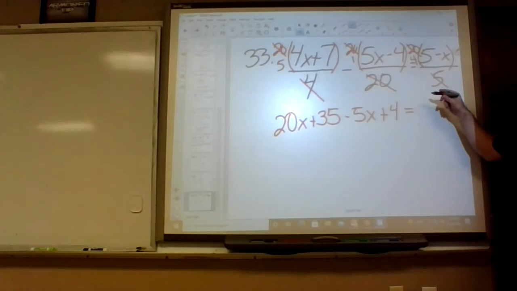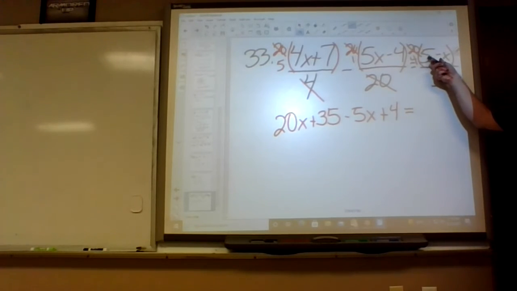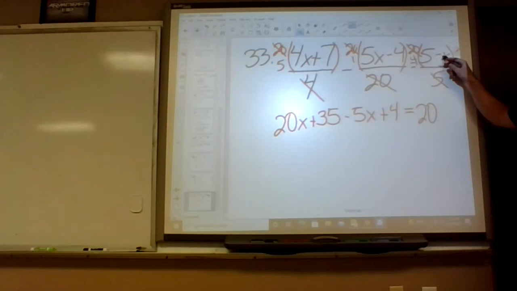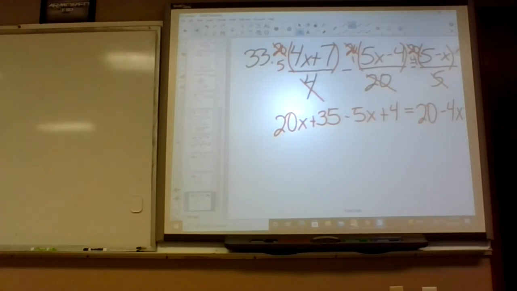Equals 20 minus 4 times minus x, minus 4x. It's definitely the hardest one on that page. Might not be harder than the word problems, I don't know.